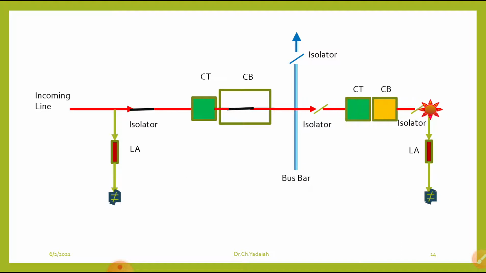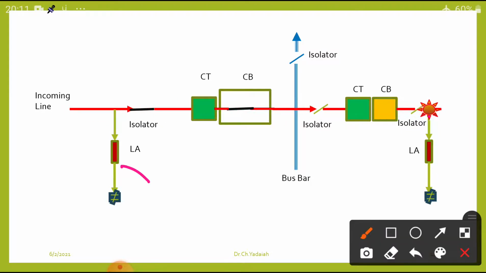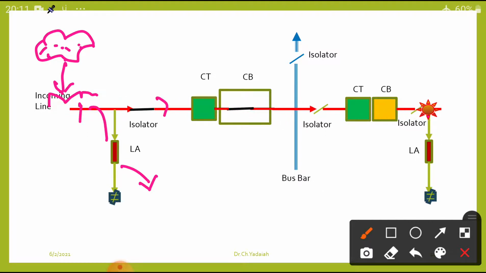So what are lightning arresters? We have already seen them here. Lightning arresters are used, for example, if a lightning discharge occurs on the line anywhere, we don't know where. Then traveling waves, high voltage and high current, come. Before going to this side, they are diverted to the ground here.